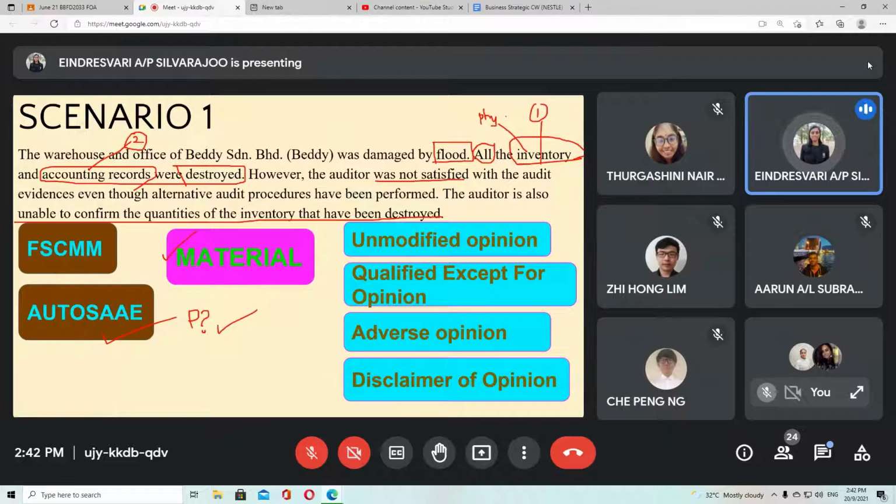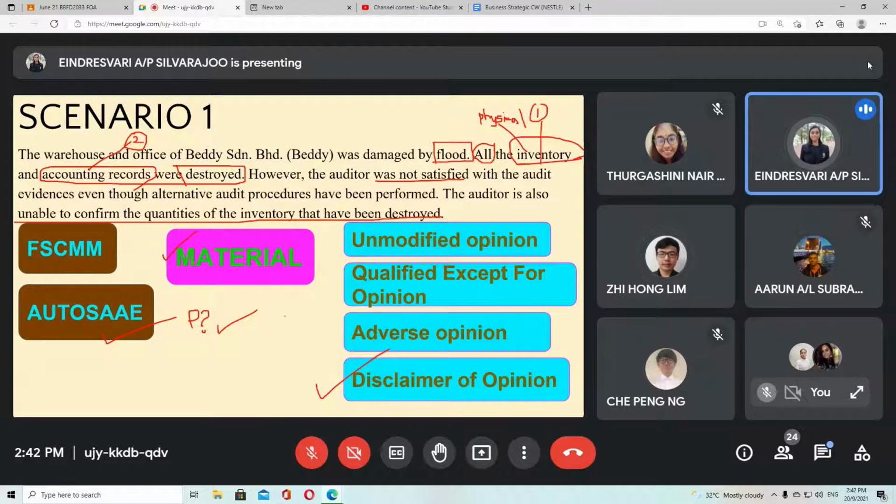The physical inventory in the warehouse was destroyed, and all the accounting records were also destroyed by the flood. So basically, there are no documents for you to audit. The accountant may have sent the financial statement to the company earlier, but they don't have any evidence, any audit evidence for the auditor to use. So in this case, what is the opinion?